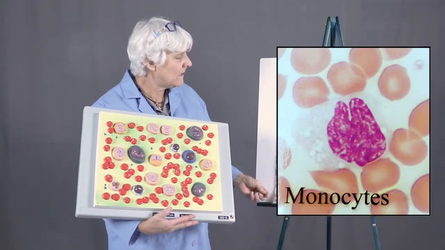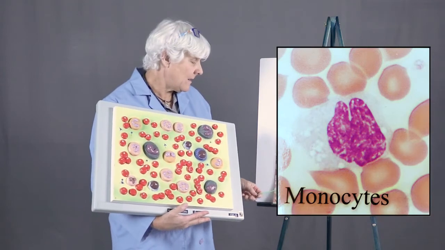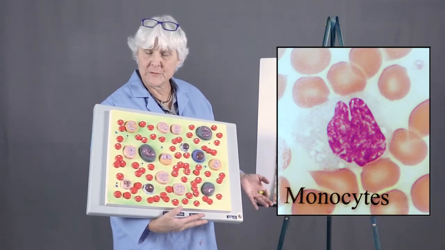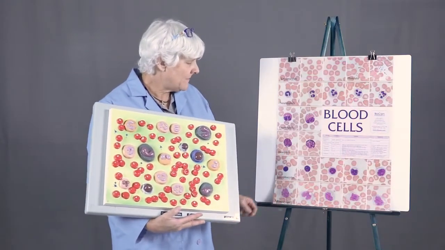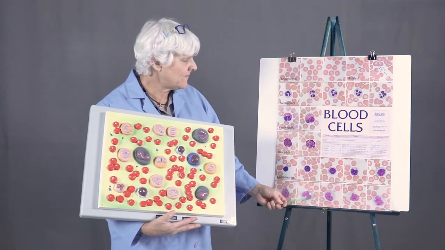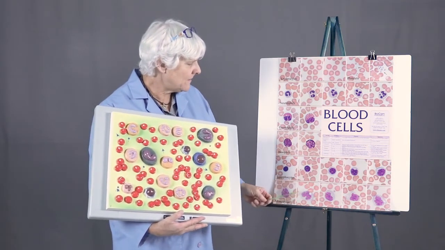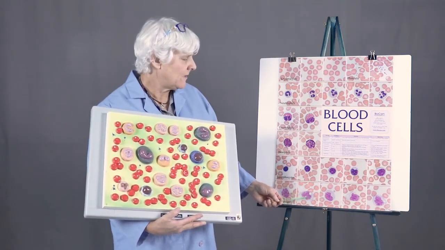Monocytes are also phagocytes. They do make phagocytic enzymes, but they don't show up as granules per se under the microscope, the way we stain them. Their cytoplasm is a grayish color, and the nucleus can be any shape. Okay, we call it polymorphic nucleus.